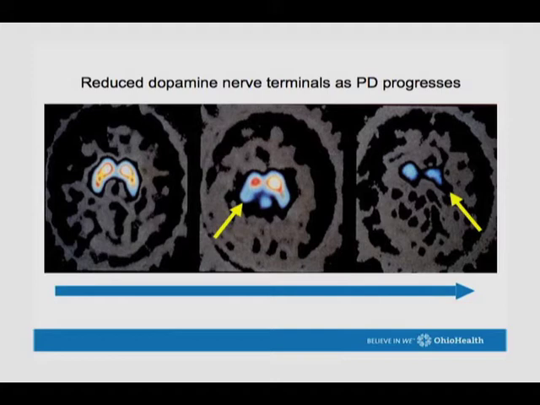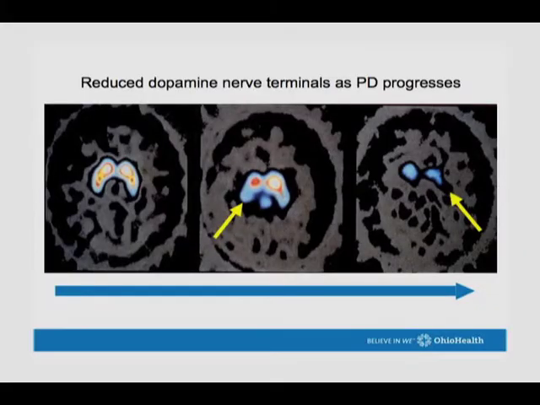So this type of scan is available to help figure out whether someone has a Parkinsonian syndrome or not, but we don't use it now to quantify the amount of cell loss over time or to check on therapeutic response. It's just not how we use that right now. But we can actually see by live imaging the loss of the cells.